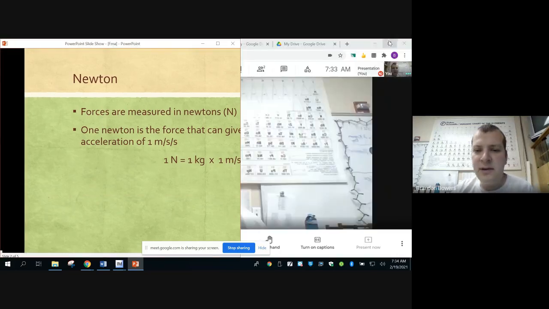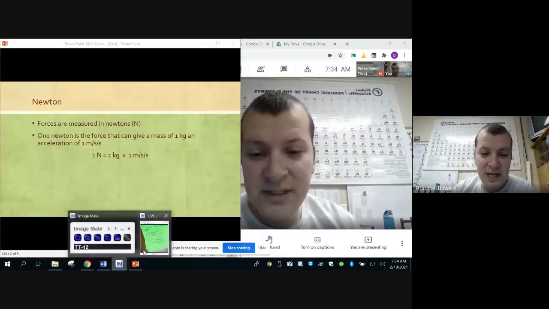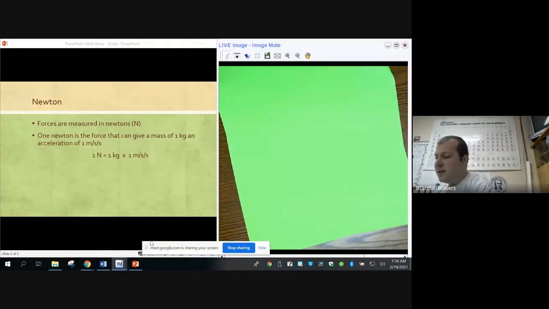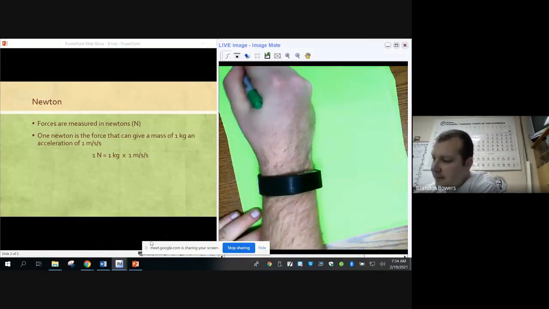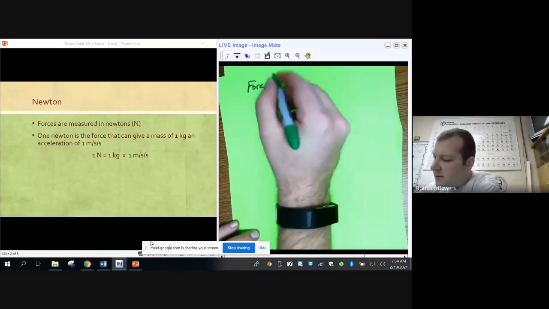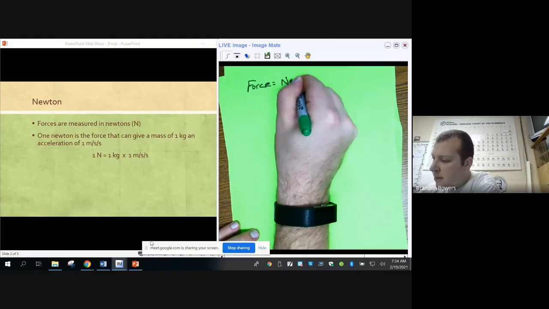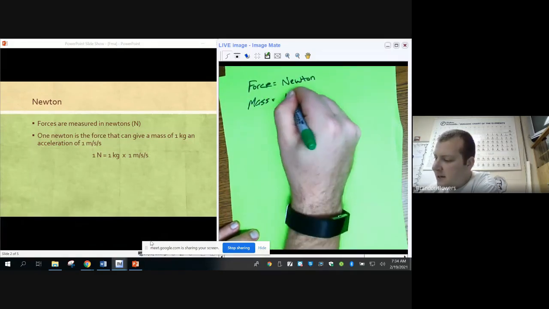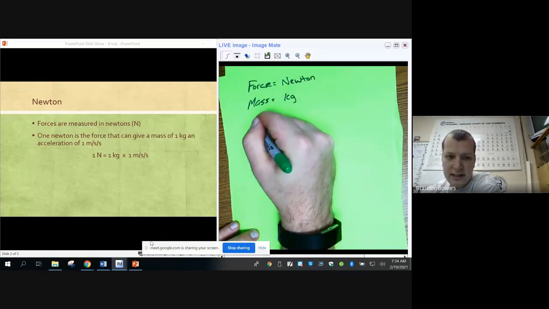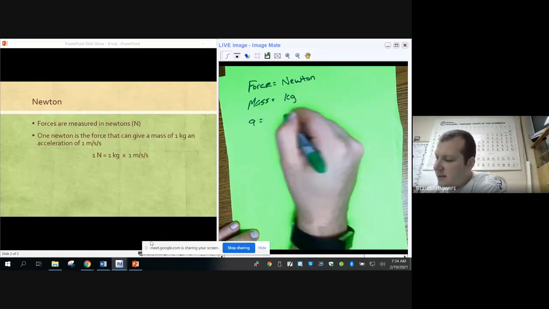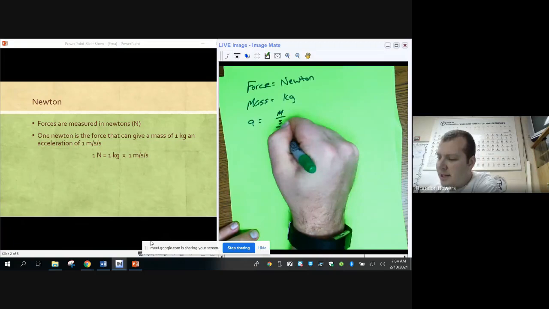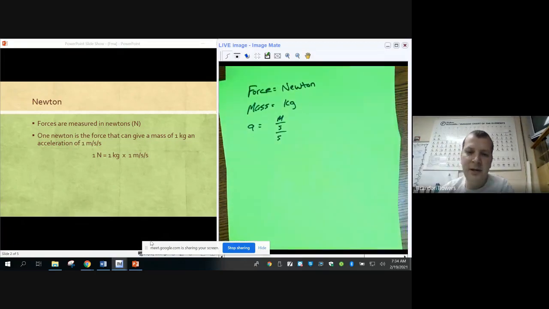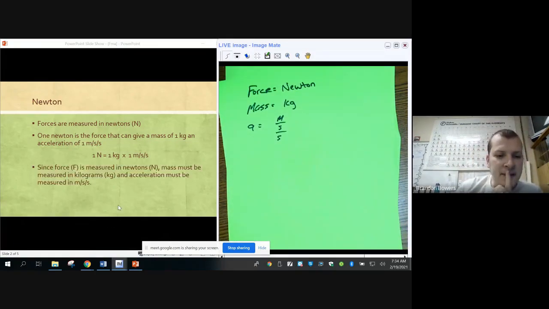So those are your 3 units for this chapter. Force is written as newtons, mass is kilograms, and acceleration is meters per second per second.